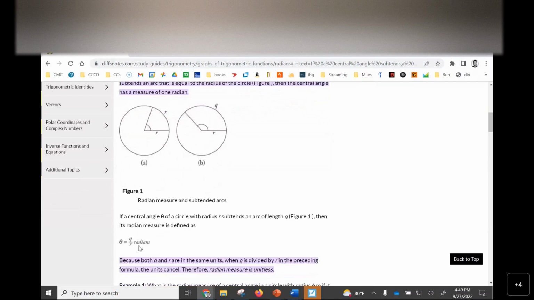This is one way to explain why radians is the unitless measure for an angle, because Q and R would both have the same units, whatever they are, some distance unit. It's defined as a distance over a distance, same units. So because of the same units, that's why all radian measure is unitless, which is one of the reasons we like it. Keep that in mind when we do this problem.